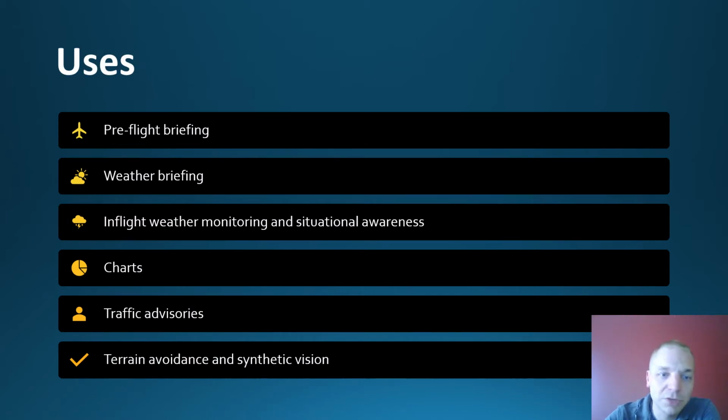So some of the uses for the EFB: flight planning, pre-flight briefing, weather briefing. With ForeFlight, you can go through your whole pre-flight briefing, and it will actually keep a record of it, so you have a record that you had a weather briefing.